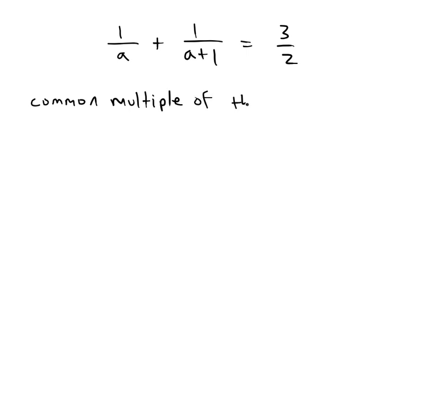So the problem was 1 over a plus 1 over a plus 1 equals 3 halves. And I said that the common multiple of the denominators is a times a plus 1 times 2.